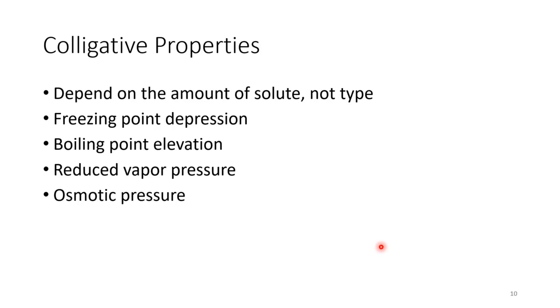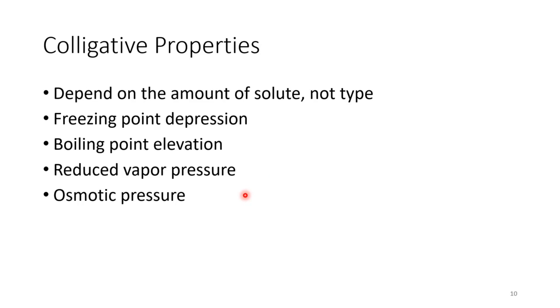The 4 colligative properties that we're going to be talking about in this class are freezing point depression and boiling point elevation. So when you dissolve something into a solvent, generally the solvent's freezing point will go lower. It will be at a lower temperature than normal, and its boiling point will be at a higher point than normal. Also, the vapor pressure of that solvent will be lower than it would be if it was a pure liquid or a pure solvent.